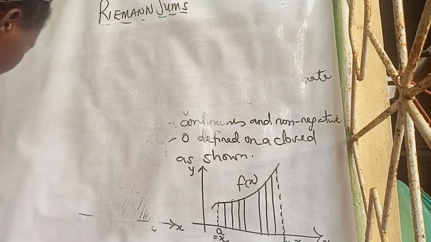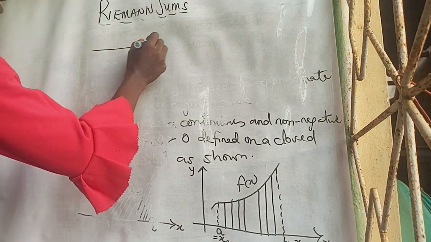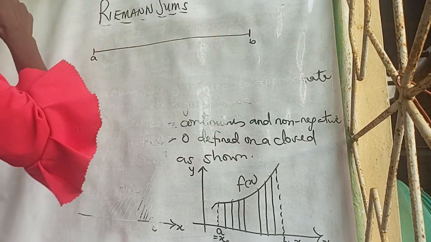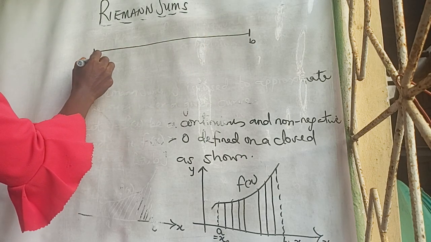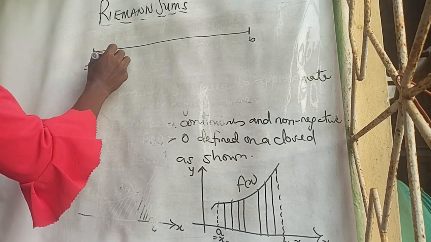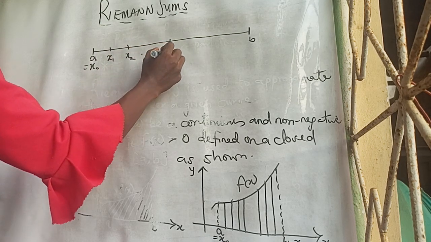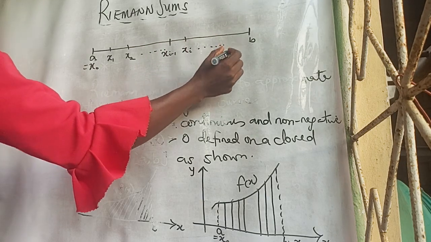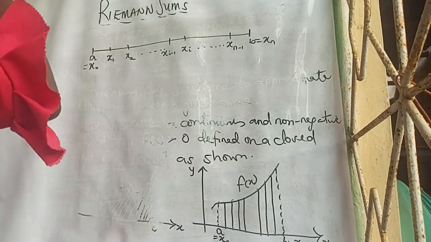That means we divide our interval AB into n subintervals such that it spans from A equals x of 0 to x of 1, x of 2, down to x of i minus 1, x of i, and then down to x of n minus 1 to our B, which is x of n.